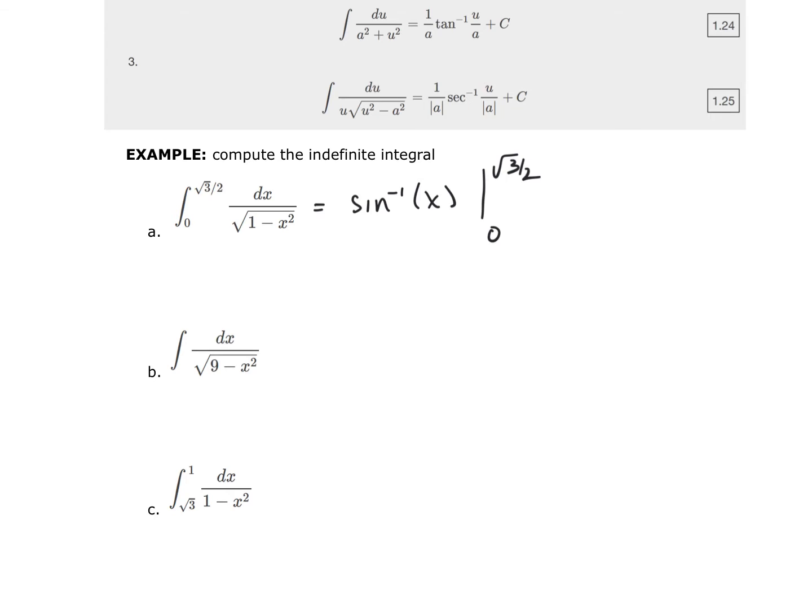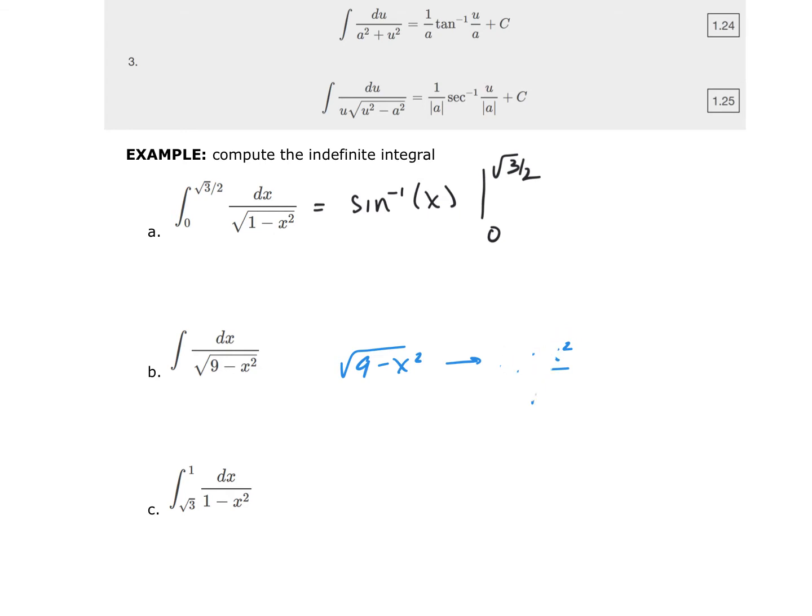Now, if you're like, I don't remember anything that has 9 minus x squared. Well, you can rewrite the square root of 9 minus x squared by dividing both the 9 and the x squared by 9, so I have 1 minus x squared divided by 9, and this whole thing is underneath the square root.